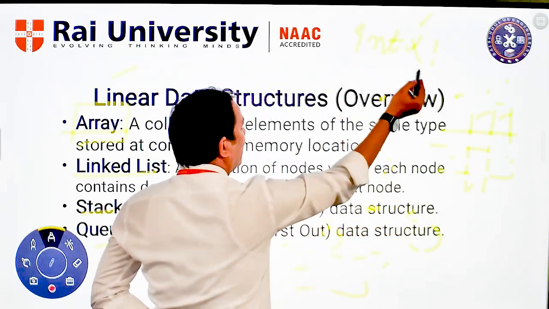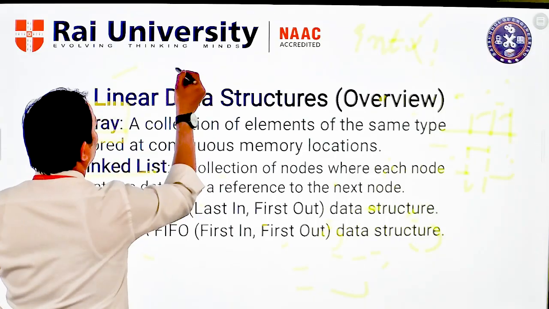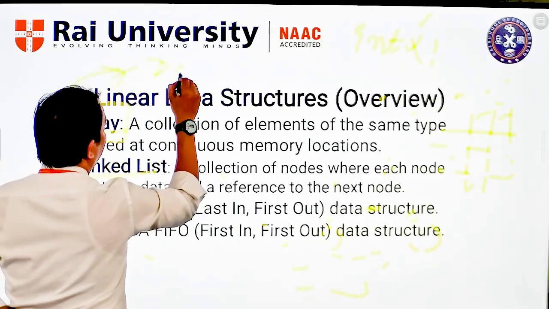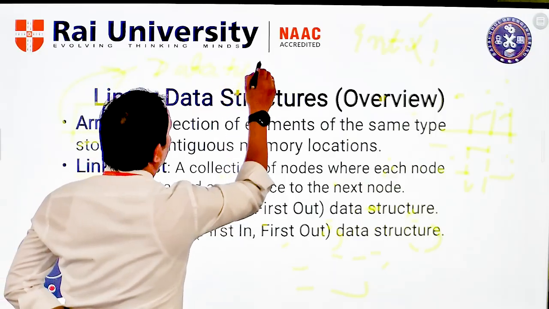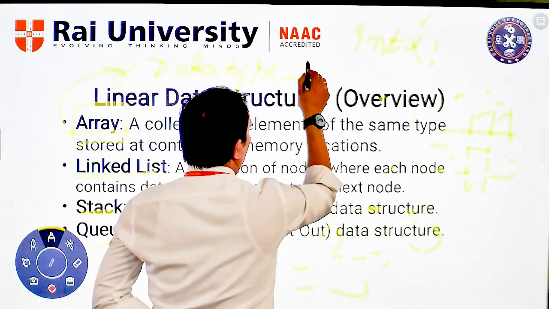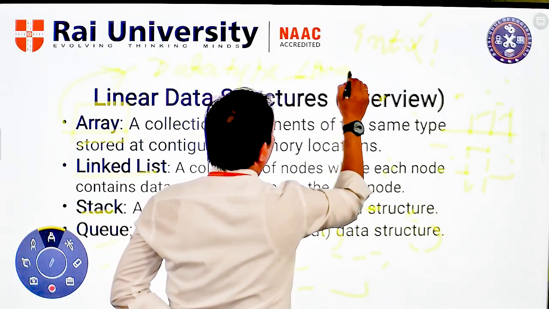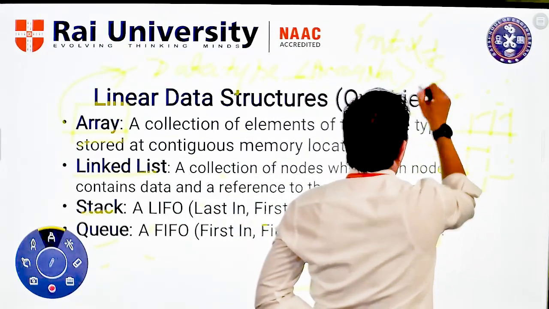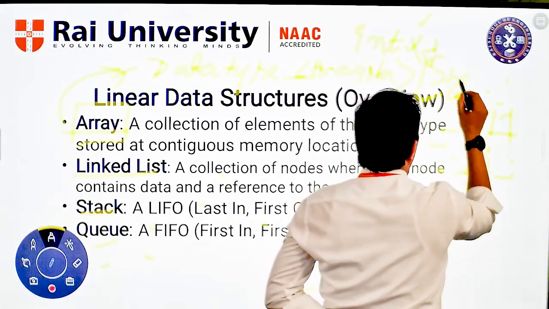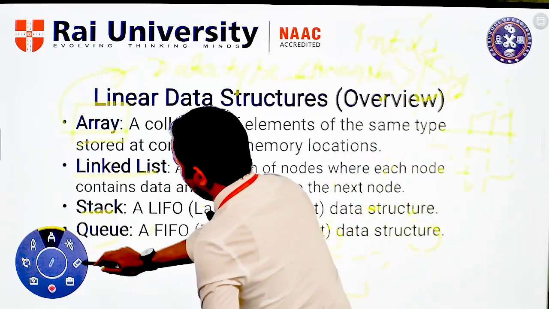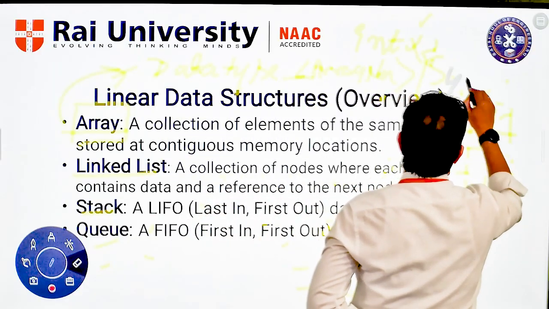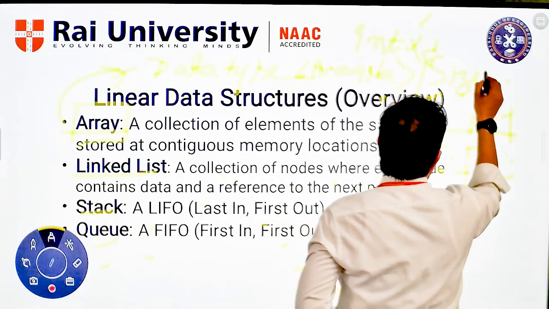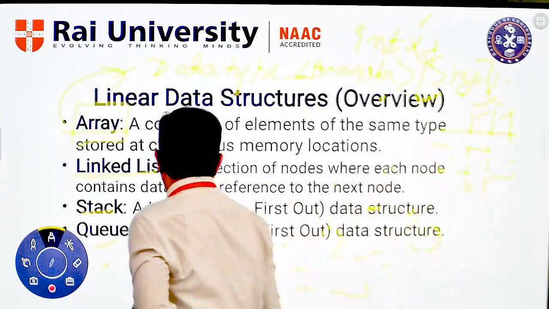So if I want to define an array, what is the syntax of the array? Just have a look here. First of all, the data type, then the name of the array, and after that you have to give the size of the array. Let's declare one array here.